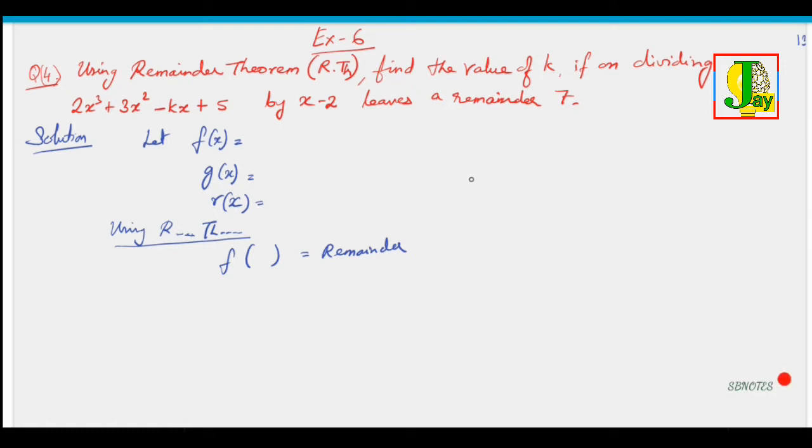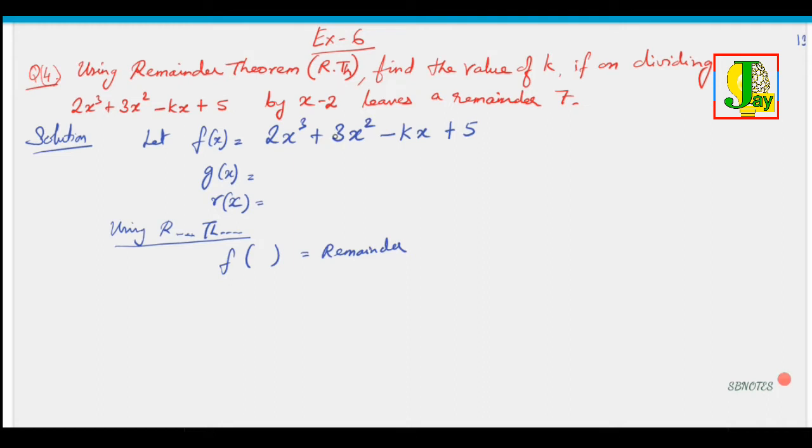Okay, so here this polynomial is f(x), right? So we can write here 2x cube plus 3x square minus kx plus 5.